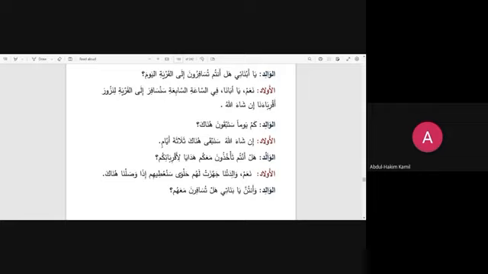So if it's hunna, it is yusafirna. If it's antunna, it is tusafirna. If it's hunna, yafhamna. If it's antunna, tafhamna. If it's hunna, yadhhabna. If it's antunna, tadhhabna. The word is jalasa. You say hunna yajlisna, antunna tajlisna. Are you all with us online? This is the lesson here. All right, let's go back.